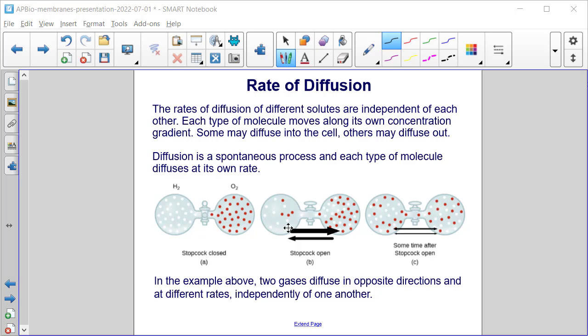And so that's happening. But if you look, the H2 appears to be diffusing to the right much faster than the O2 is diffusing to the left. And that will happen until sometime after the stopcock is open, when dynamic equilibrium is reached. So in that example, the two gases diffuse in opposite directions and at different rates, independently of one another.